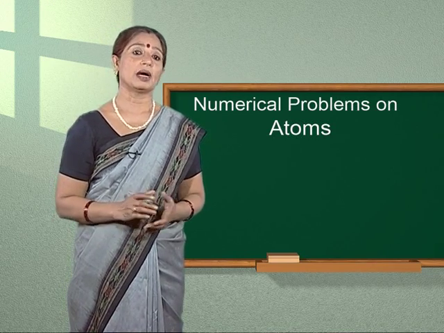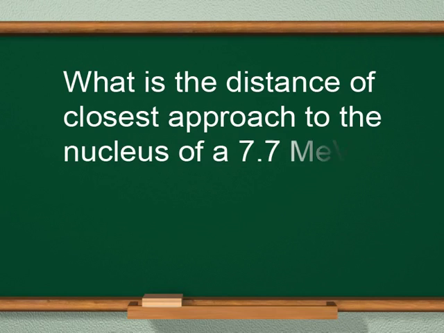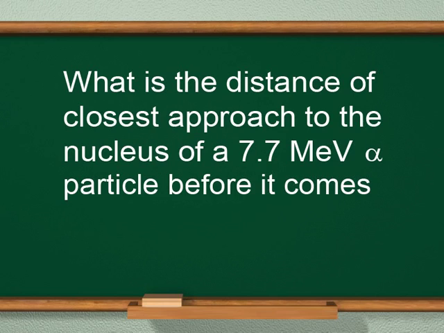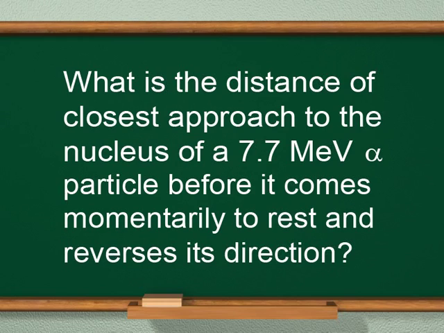In a Geiger-Marsden experiment, what is the distance of closest approach to the nucleus of a 7.7 mega electron volt alpha particle before it comes momentarily to rest and reverses its direction?